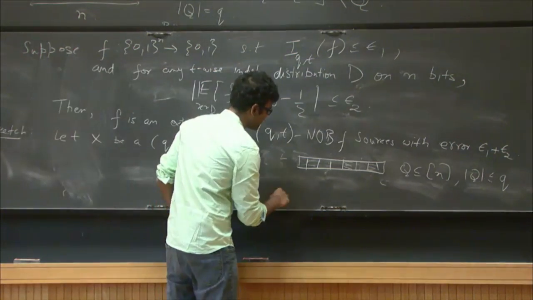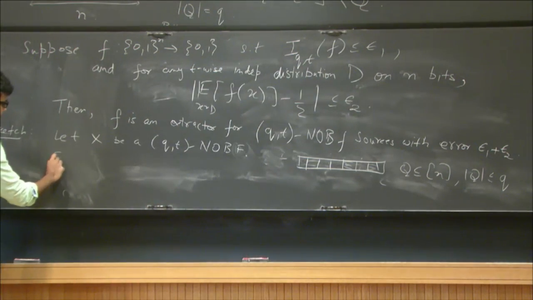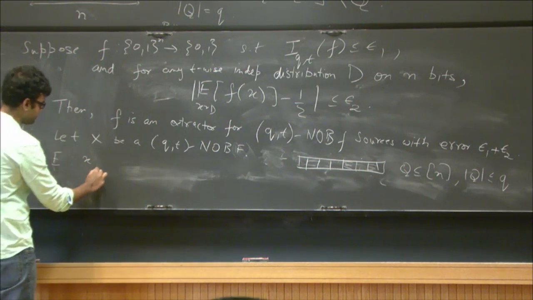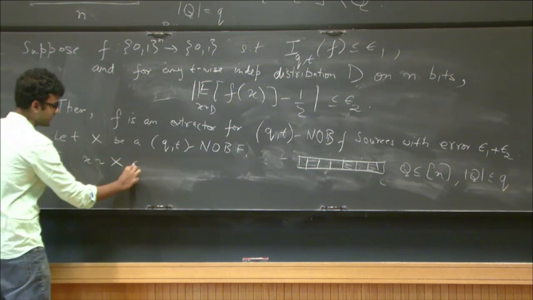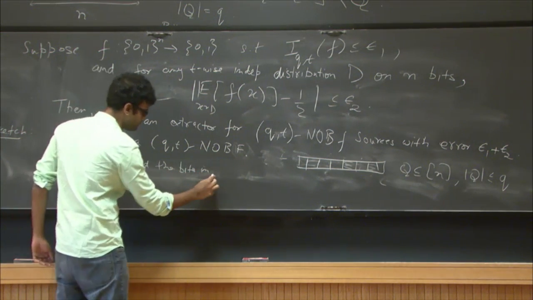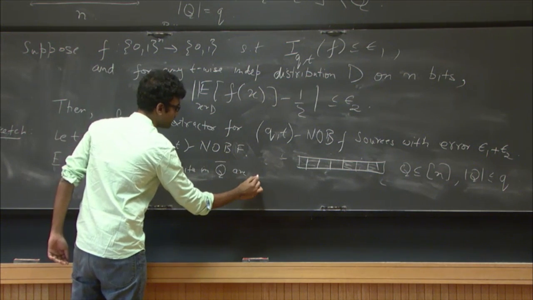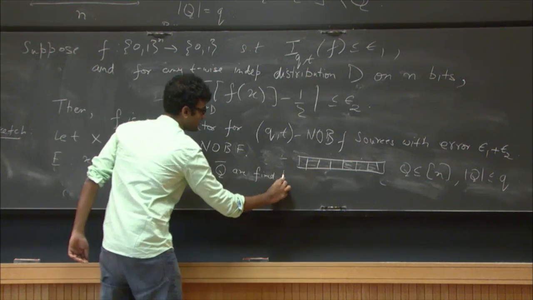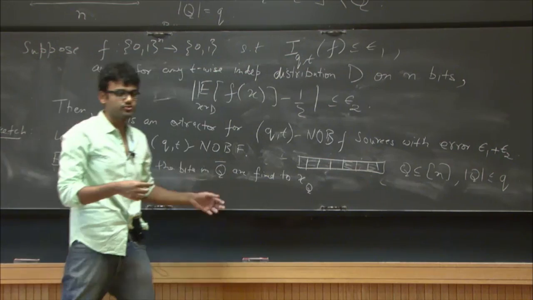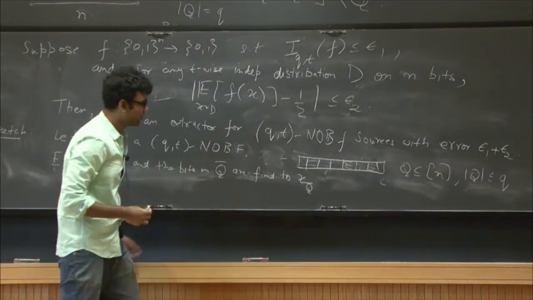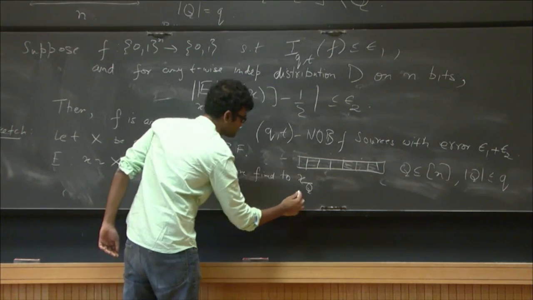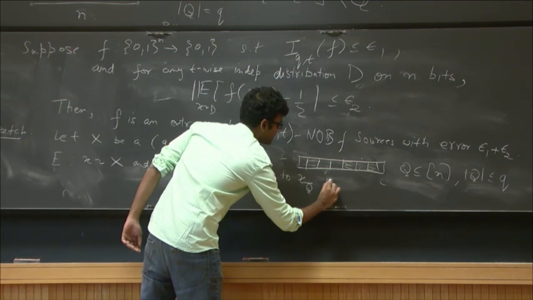So let's look at this event E when x is sampled from the source and the bits in q bar are fixed to xq bar, where this denotes the projection of x onto the q bar coordinates.